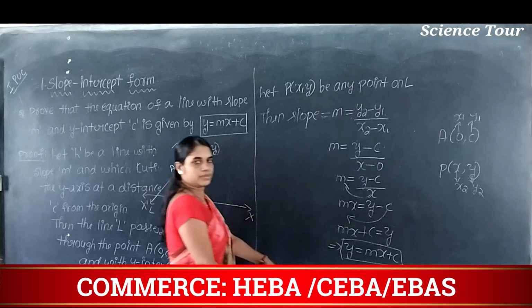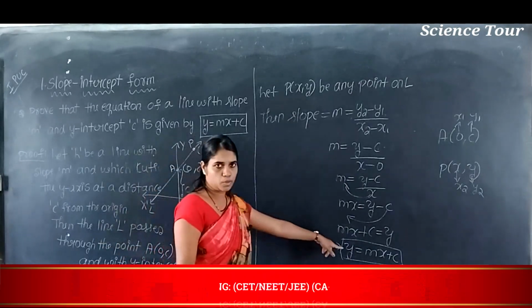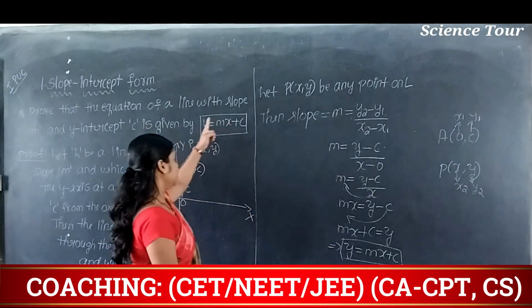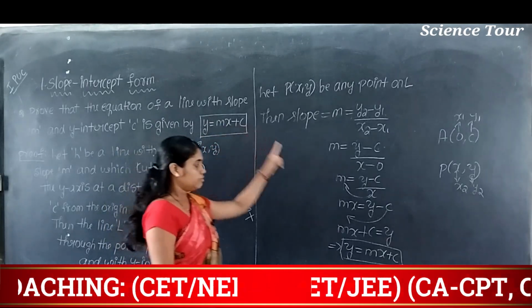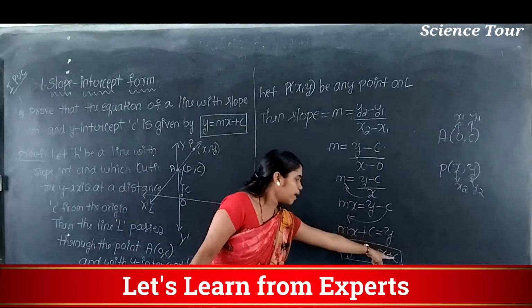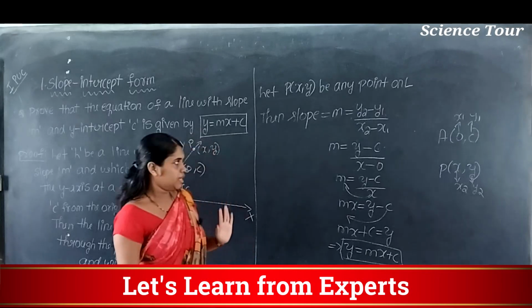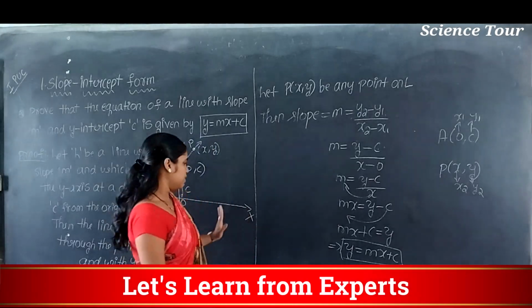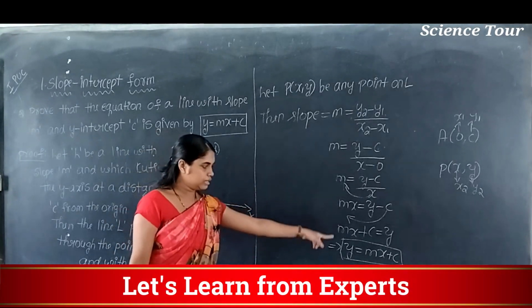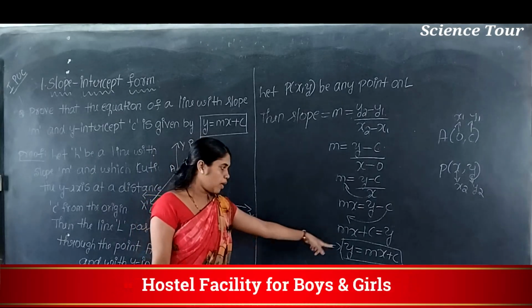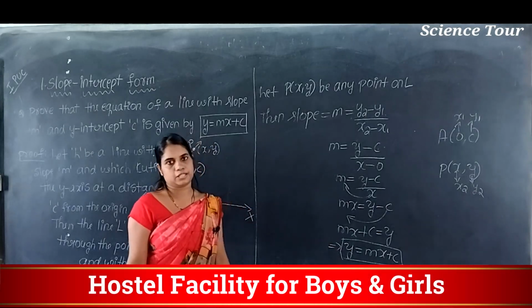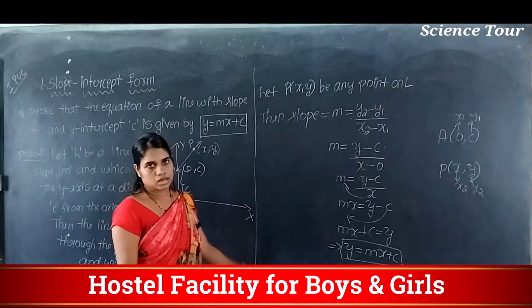So therefore, this is actually what we have to prove: the equation of a line with the slope m and y-intercept c. Here the value of y-intercept is given, that is c. Then the equation is given by y is equal to mx plus c. This is the answer.